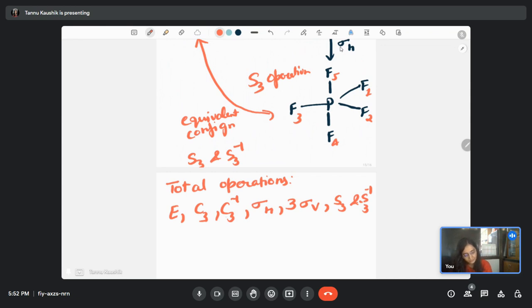So how many total operations do we have? 2, 3, 4, 5, 6, 7. Yeah, and we have 3 C2 also. So the order is 12.